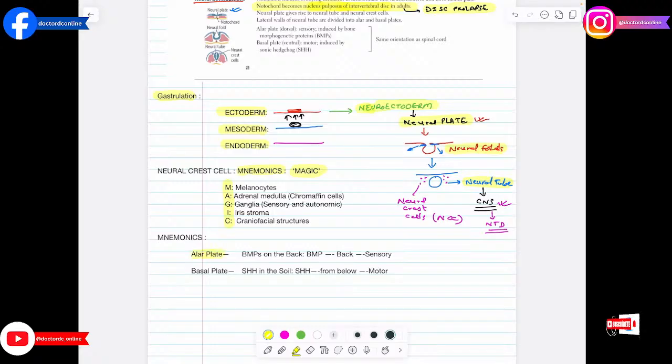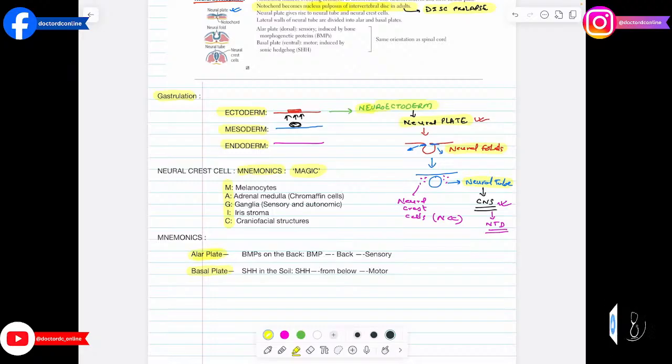The first is BMP, bone morphogenetic proteins, from the overlying ectoderm, which induce the alar plate, that is, sensory neurons. And SHH, sonic hedgehog, which is secreted by the notochord and floor plate, induces the basal plate, that is, motor neurons.